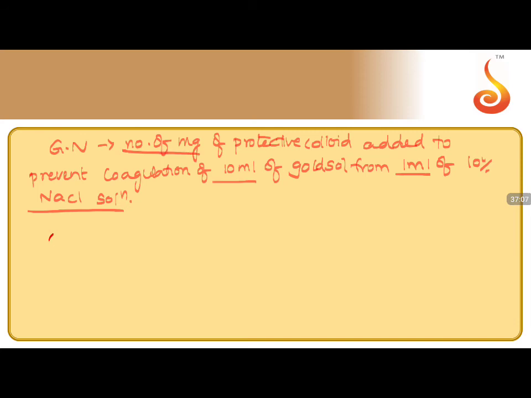But in the question which is given, 6 × 10^-5 grams is required for 20 ml of gold sol for 2 ml of 10% NaCl solution. Now let us convert them into the standard data. It should be done to 1 ml.